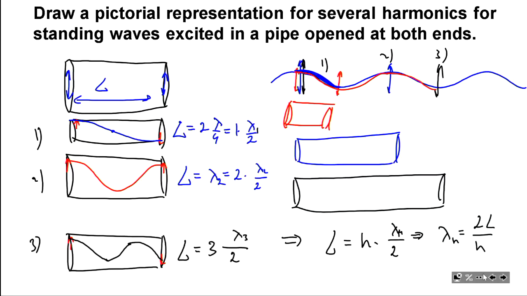And number n begins from 1, then 2, then 3, then 4. And when we increase the number n, we decrease the wavelength. And shorter wavelength means higher frequency, higher pitch. So n equals 1 represents the lowest frequency, the longest wavelength.